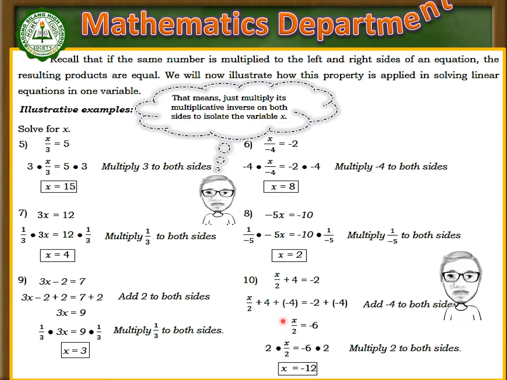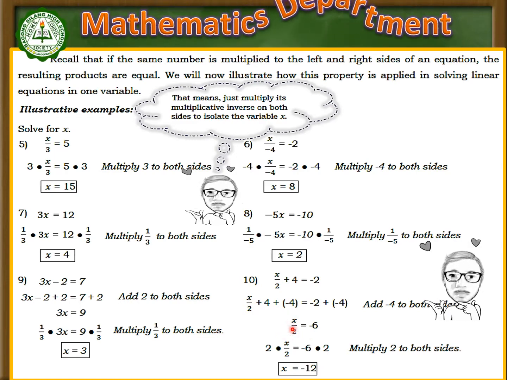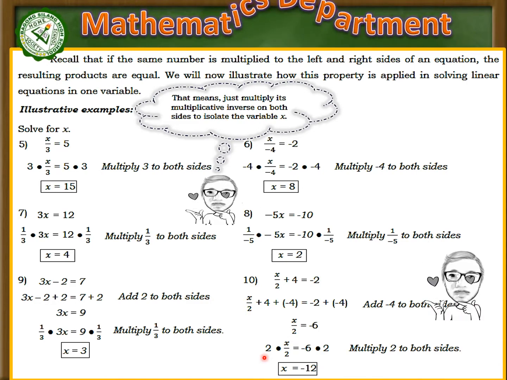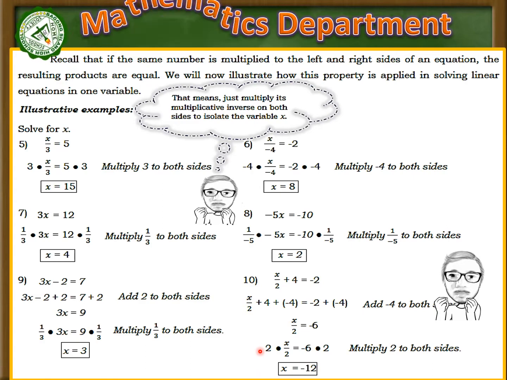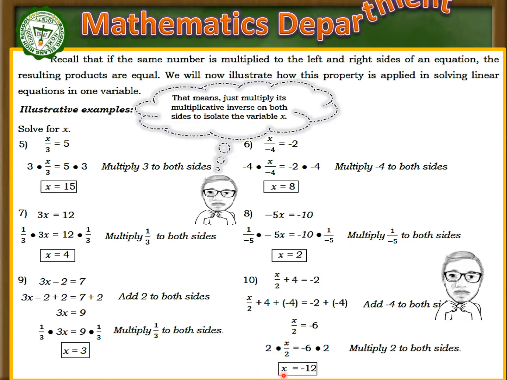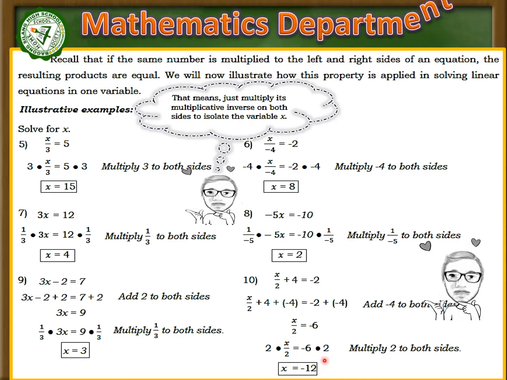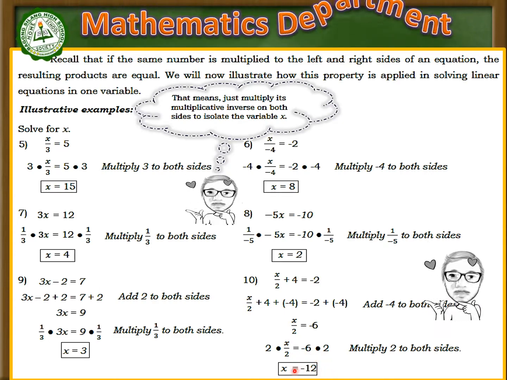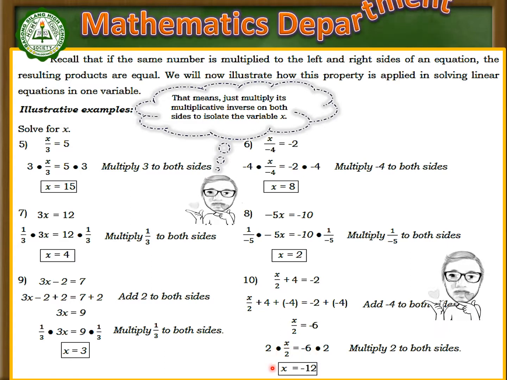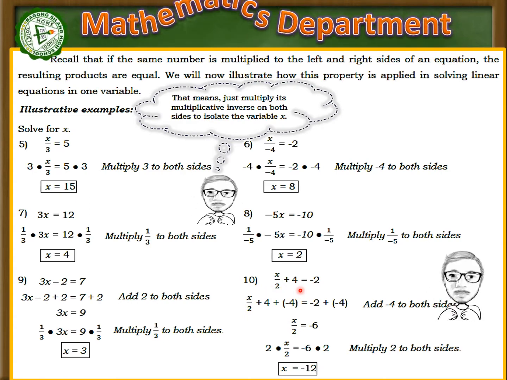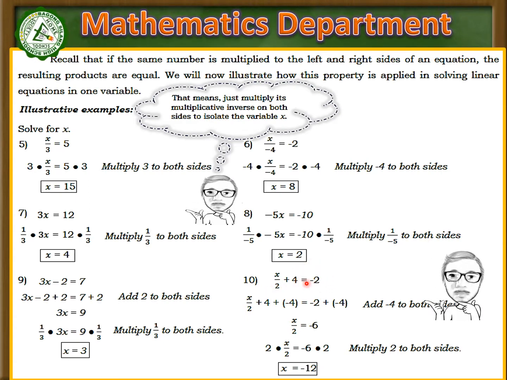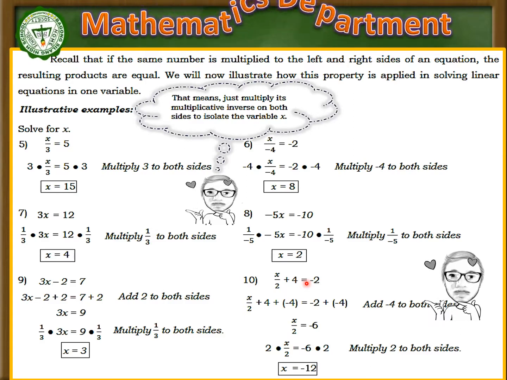And then again, the multiplicative inverse of 1/2 is 2, so we multiply 2 on both sides. 2 times x over 2 is x, and -6 times 2 equals -12. Okay, let's check. If x is -12, the number -12 divided by 2 is -6, plus 4, the result will be -2. That's correct.